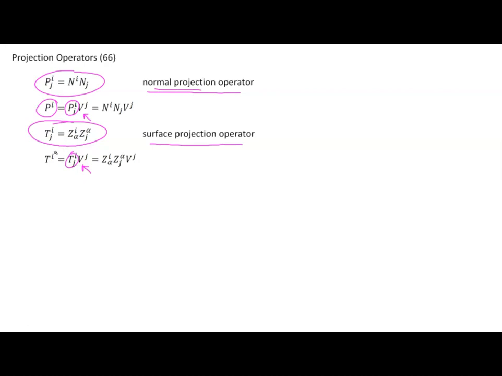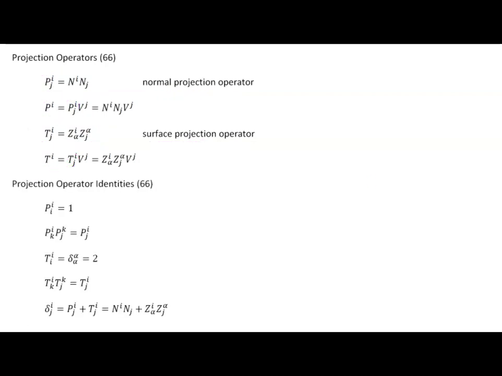And in this one, we'll get the vector components of the surface projection like this. So these operators give us a very convenient way to take the vector components of any vector v and find the normal and the surface vector components, just like this.